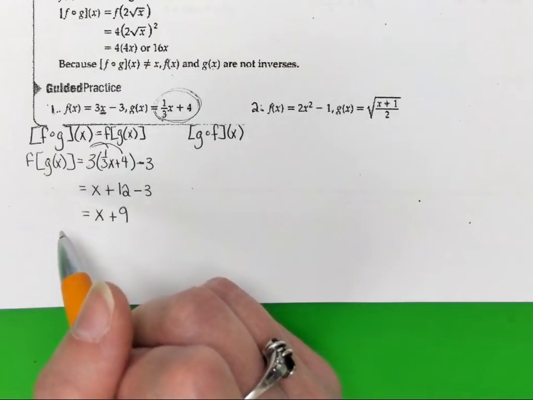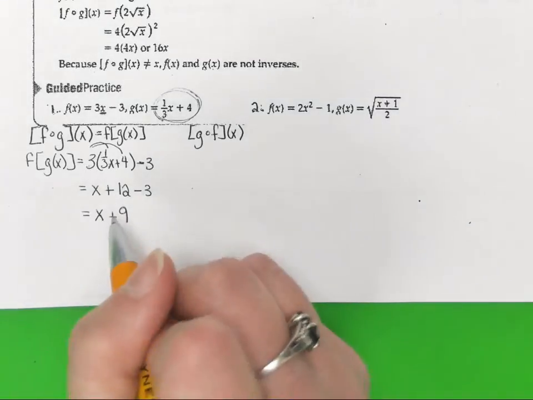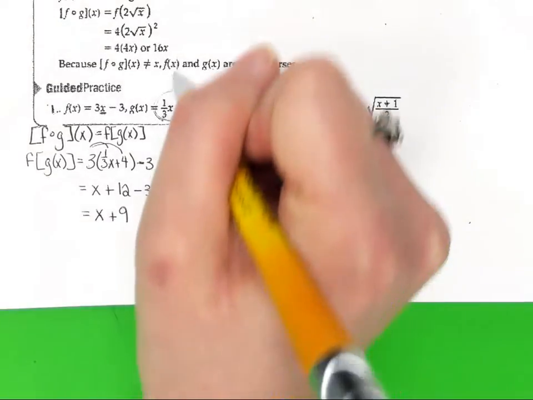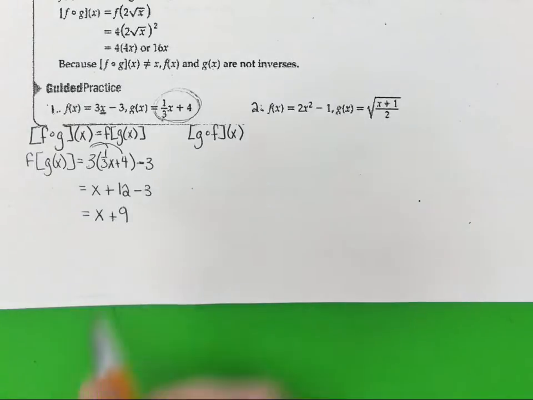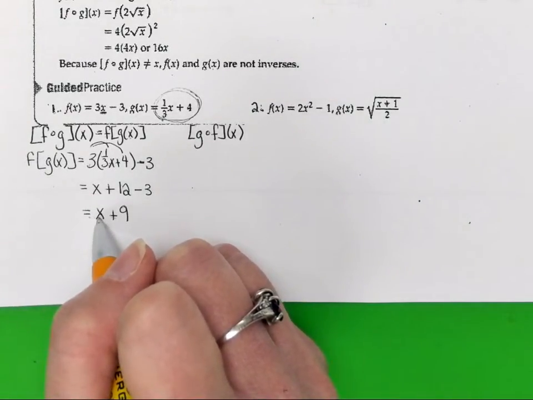Y equals what? If you need to, get out your parent graphs. Y equals x is just the parent graph. Why is this not the parent graph? Because what does this plus 9 do? It moves it up 9 from the origin. So since this did not come out to be just an x, these are not inverses.